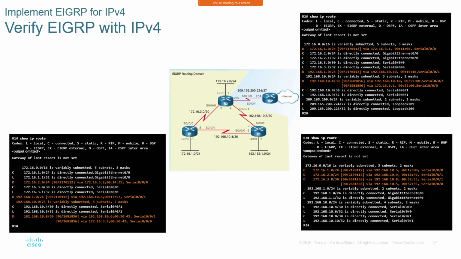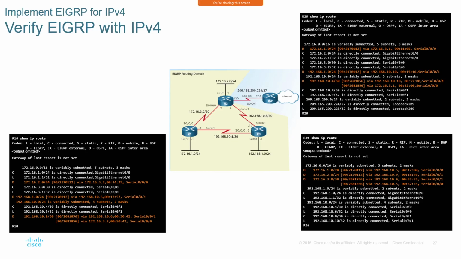Cool. Now, if we run the show ip route on every single one of the routers after configuring EIGRP and telling them to exchange the routes, we'll be able to see that in the routing table now we have information about D. D is a route that was learned by EIGRP. Okay.